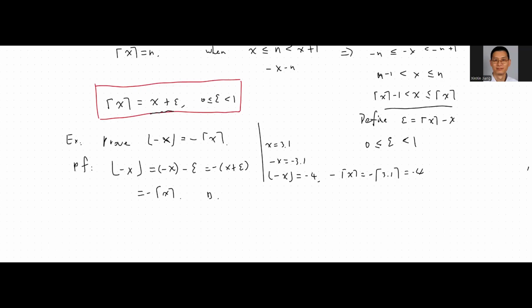All right. Let's look at another example. Let's try to prove the ceiling of x plus n, n is an integer, equals the ceiling of x plus n. How can we prove that? We're going to use this equation.